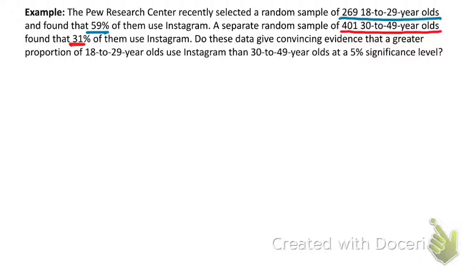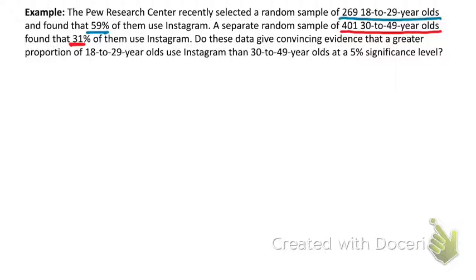Do these data give convincing evidence that a greater proportion of 18 to 29-year-olds use Instagram than 30 to 49-year-olds at a 5% significance level? Look at the data. Are the 18 to 29-year-olds using Instagram more than 30 to 49-year-olds? Yes, obviously. So, do you think we're going to be able to reject the null hypothesis of them being equal to each other?